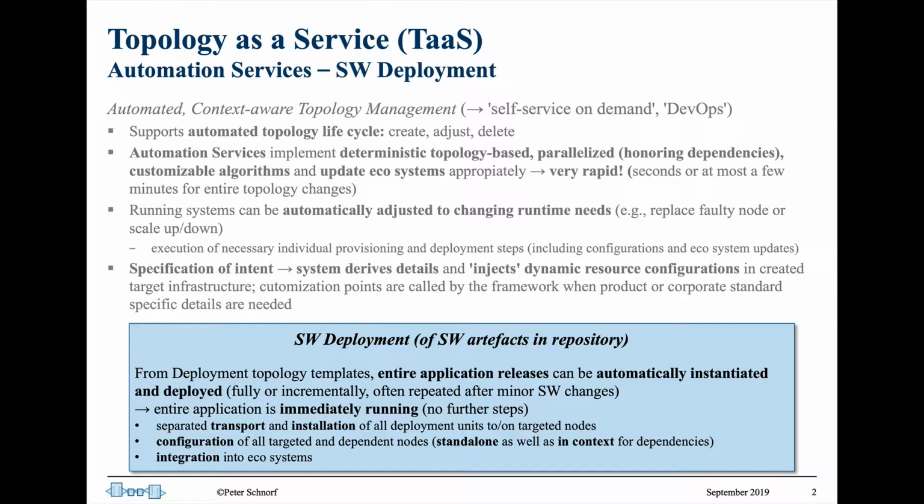The service takes care of orchestrating all the tasks across the entire topology. This encompasses the transport and installation of all deployment units on all their destination nodes, as well as all the necessary configurations anywhere in the topology and the update of the ecosystems.